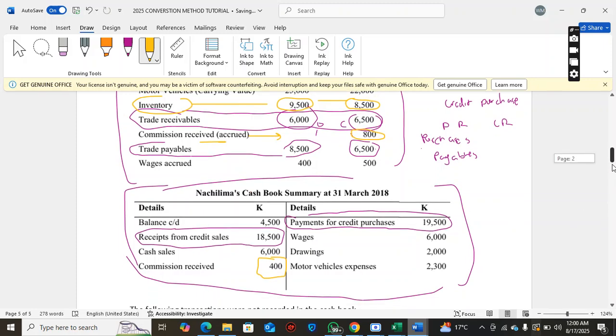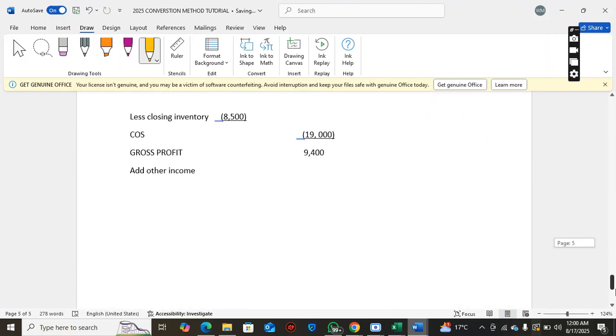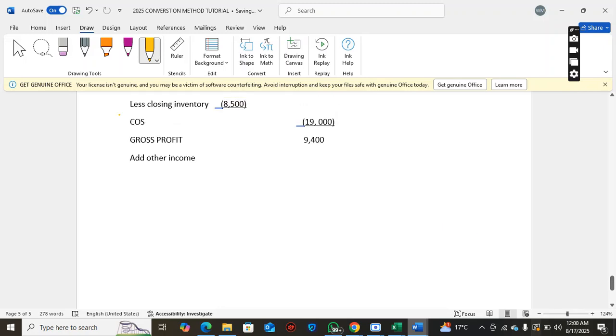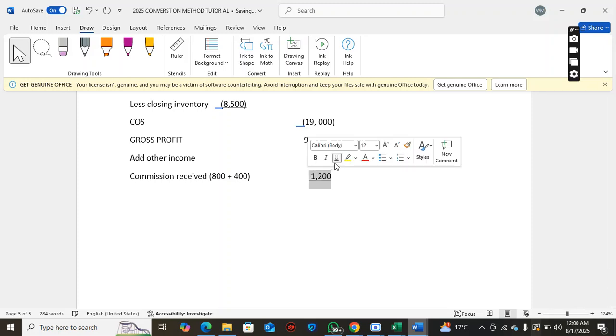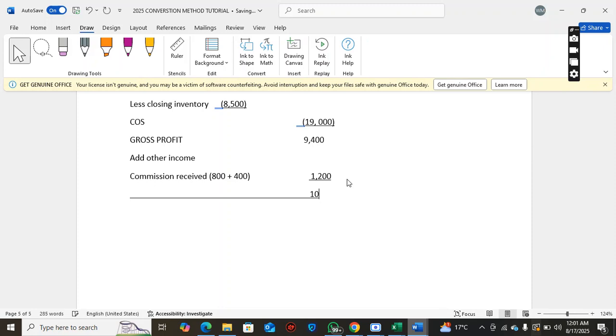So commission will be 800 plus 400. Add 9,400 plus 1,200. 10,600. All right. Wonderful.